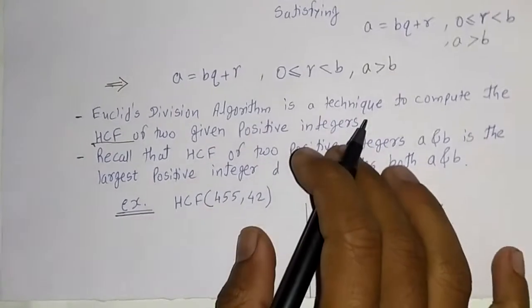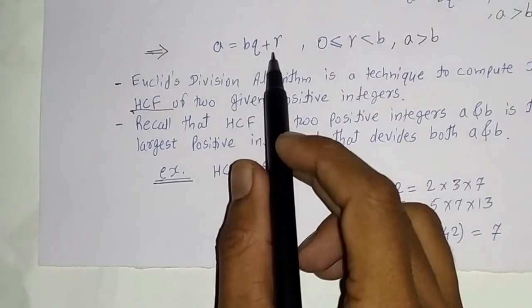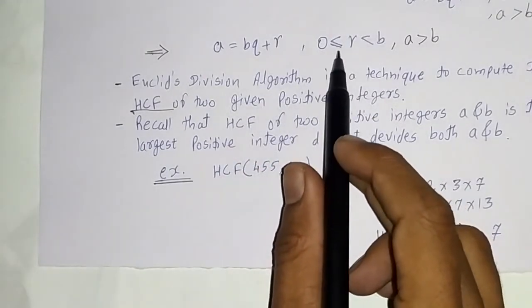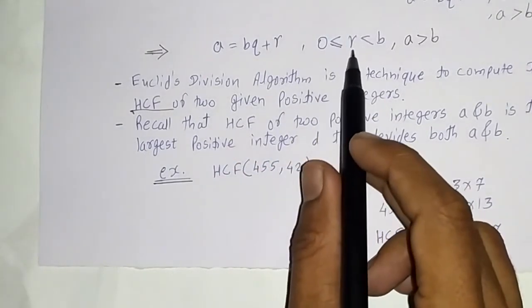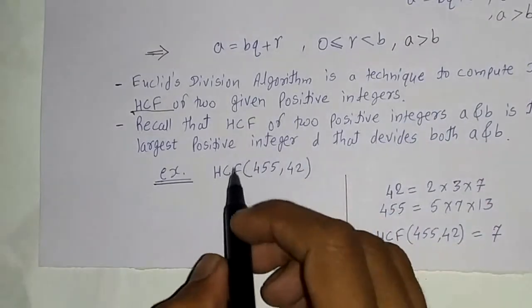So let us first apply this theorem. A equal to BQ plus R, value of R should be 0 less than or equal to R less than B, and A should be greater than B.